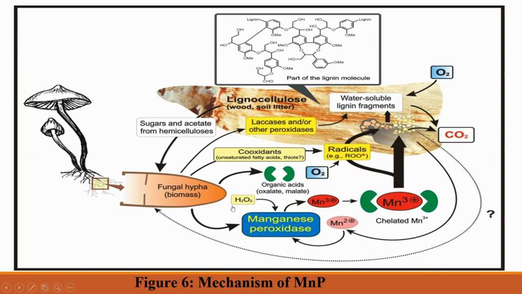Now, because it has this enzyme manganese peroxidase, which is dependent on hydrogen peroxide, it is going to oxidize manganese 2 to manganese 3, and this manganese 3 is going to be transported to where you have the pollutant, okay, which is going to help to oxidize some of the pollutants that we have.